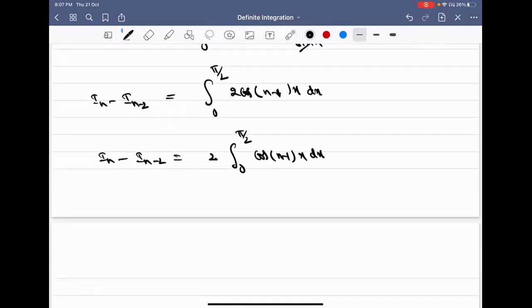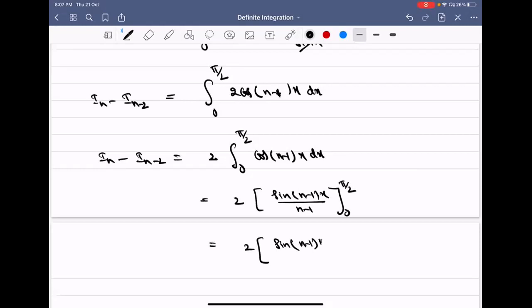Now the integration of cos is sin. So 2 into sin (n minus 1)x over (n minus 1), from 0 to pi by 2. If you substitute the upper limit pi by 2, we get sin of (n minus 1) into pi by 2 over (n minus 1), minus sin 0, which is 0.